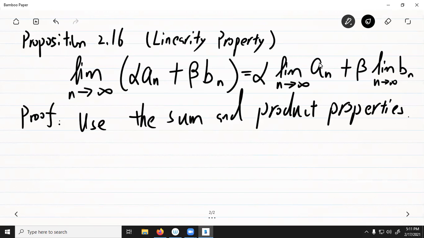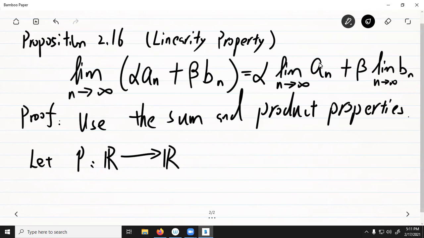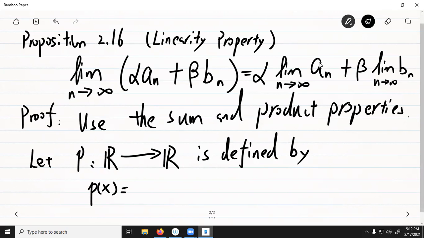Okay, so now let's look at what about the polynomial. We let p be a function from R to R. This p is defined in the following way: p(x) is equal to the summation i from 0 to k of c_i times x to the i, where c_i is any real constant.